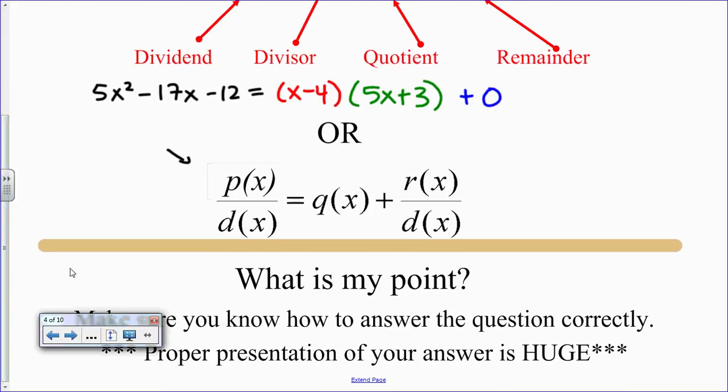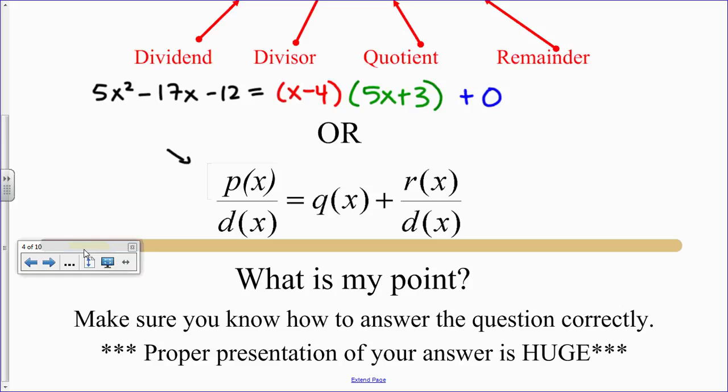Okay, so what's the point of this? You have to know how to answer the question correctly. So proper presentation is a huge part of this. I know all of you can memorize a process. You could do 10 of these and be able to do them in your sleep after that. But it's more about knowing what you're finding.